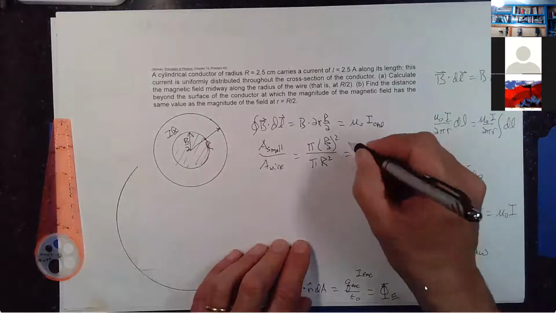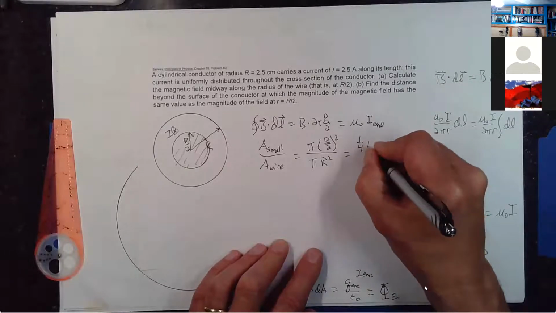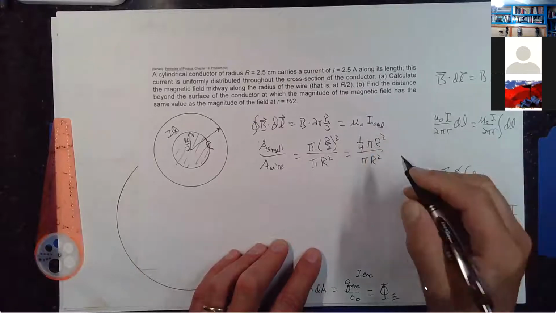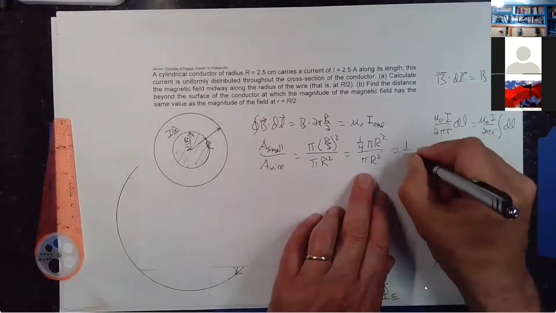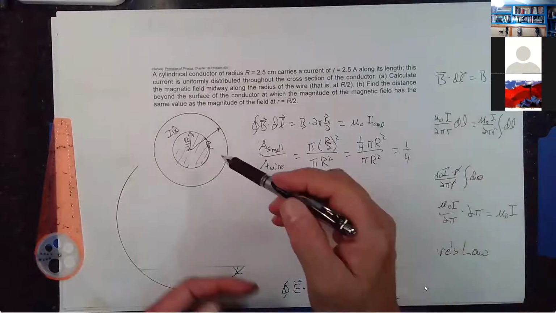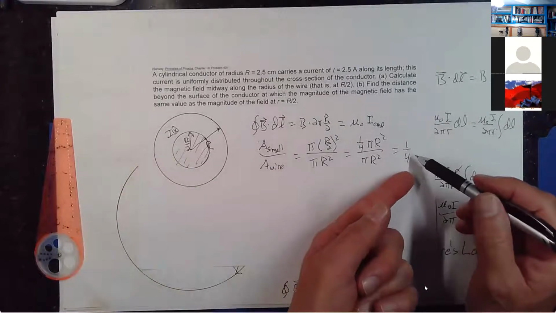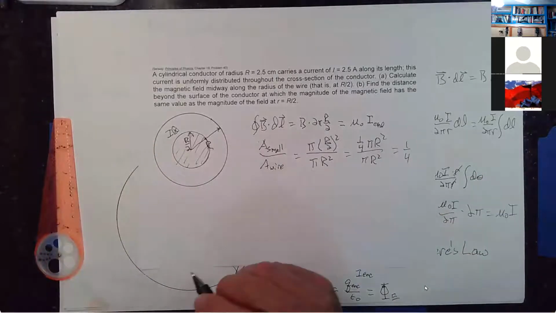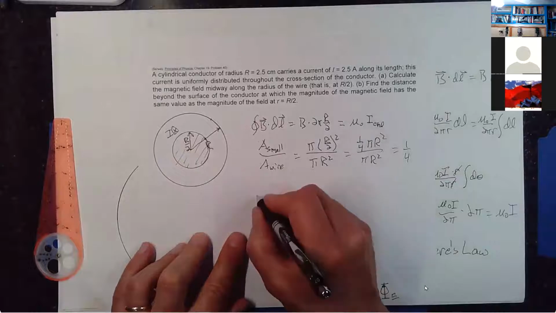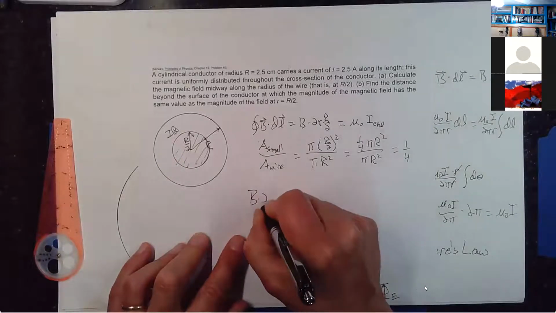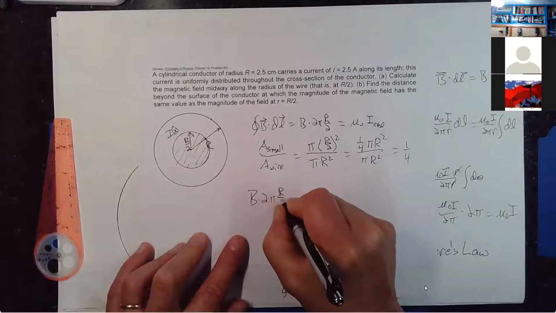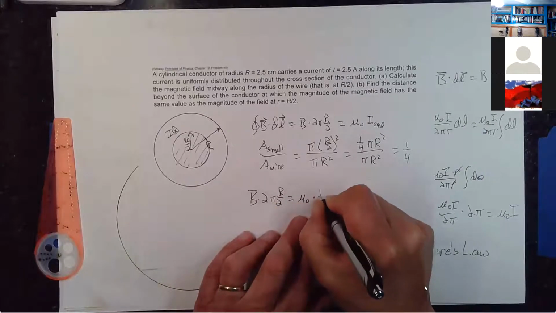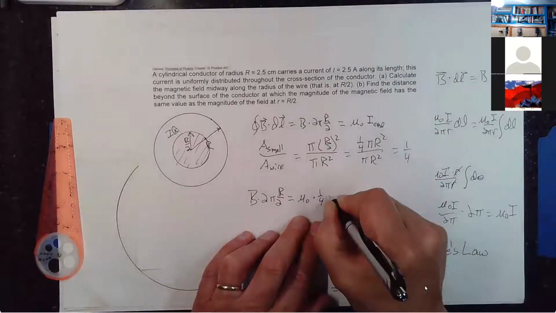And that top thing ends up just being 1/4 of pi capital R squared, and I've got pi capital R squared on the bottom. That's just 1/4. And so this smaller circle is going to have 1/4 the current flowing through it that the bigger circle does. So the I enclosed, in this case, I'll have B times 2 times pi times capital R/2 is going to equal mu naught times 1/4 I.